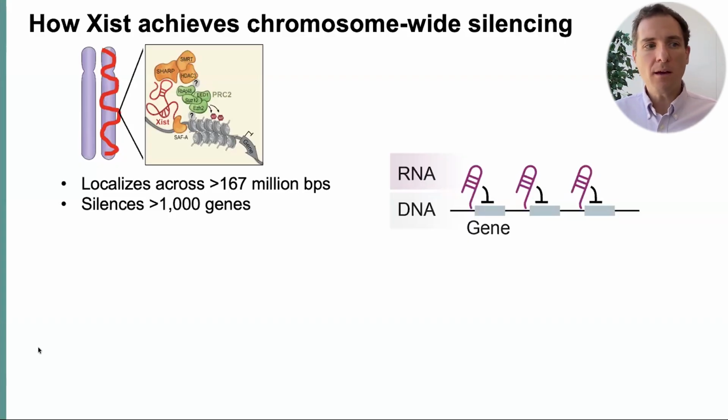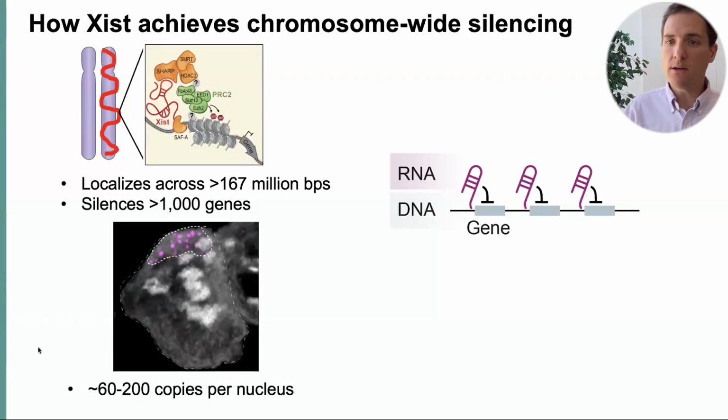Now, the prevailing thinking has been that this RNA localizes across each of these different sites and therefore stoichiometrically recruits this repressive complex to each of the genes on the X chromosome. When you look at it at an ensemble level, this is true. The problem is when you start to think about this at the single cell level, what you realize is that this model can't be right, because there are only about 60 to 200 copies of Xist within each cell.